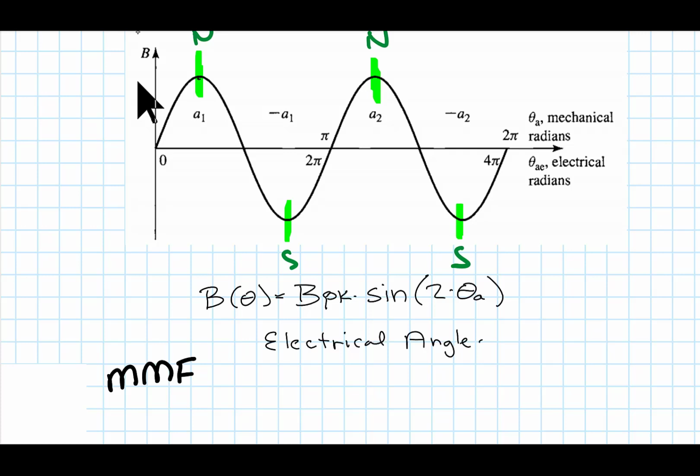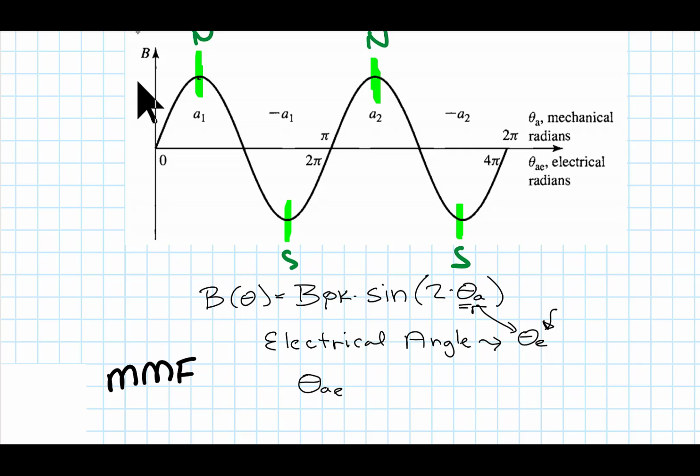The electrical angle eventually is going to be what we have been calling all along theta E. So that should look very familiar to you. So I'm going to relate this to this physical mechanical position through a function. And in this case, I'm going to eventually drop this sub A to make this completely general.